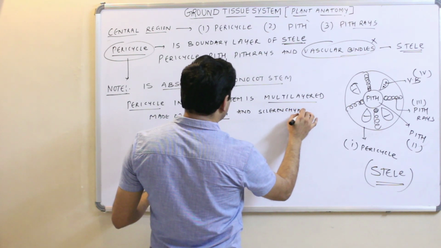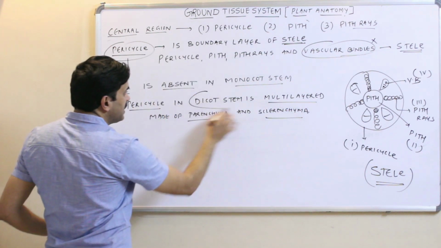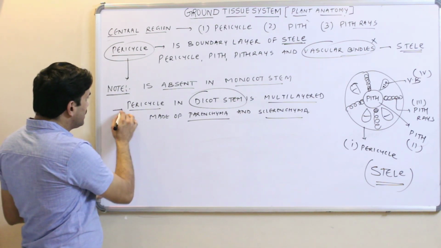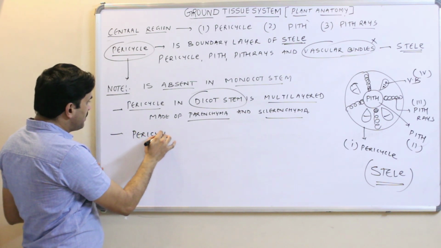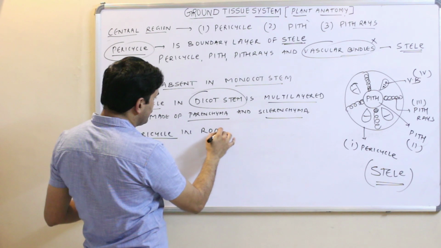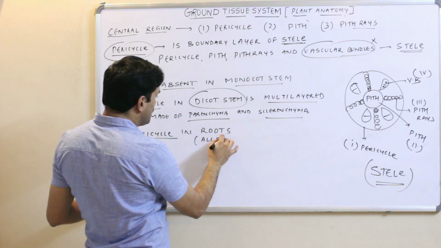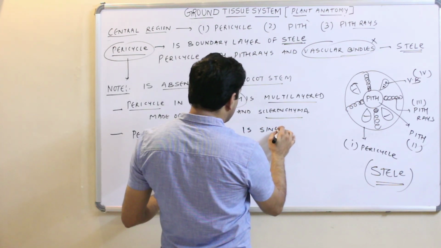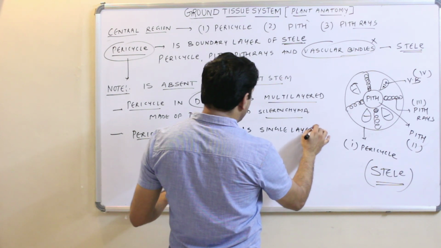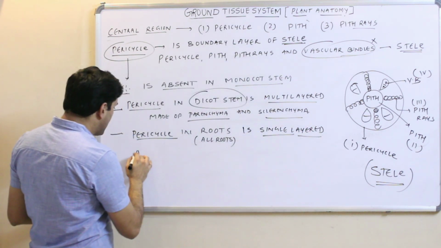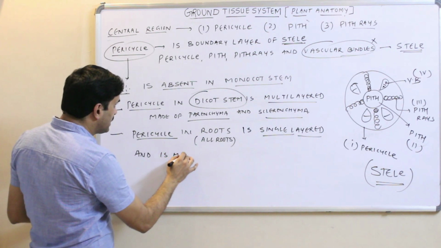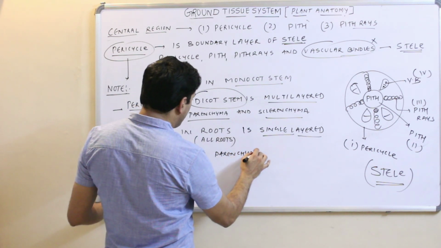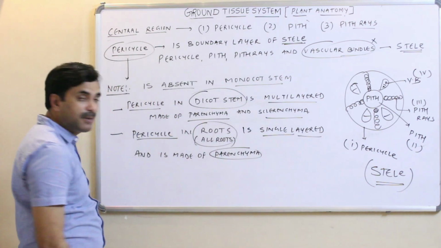Again I am repeating, particularly in the dicot stem, it is multi-layered and it is made up of parenchyma and sclerenchyma. Now pericycle in roots, means all roots, monocot as well as dicot, is single layered and is made of parenchyma. So in roots it is made up of parenchyma.